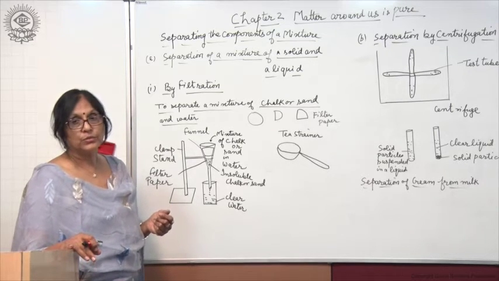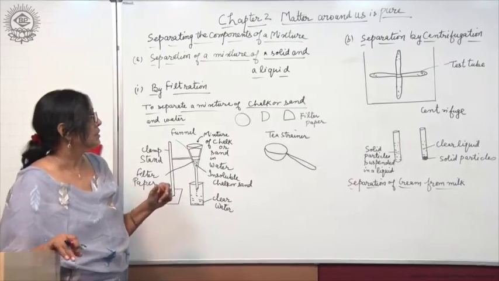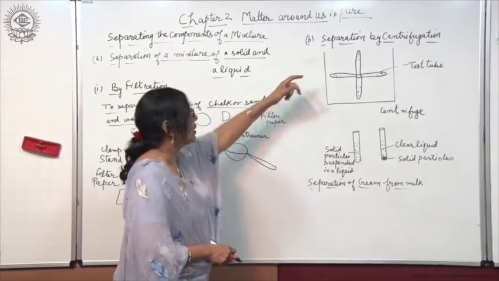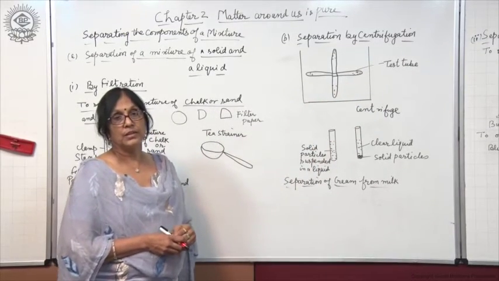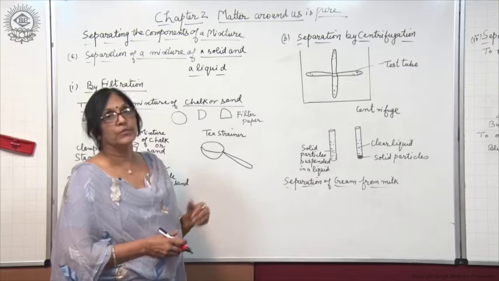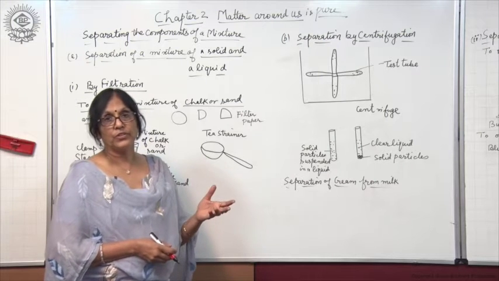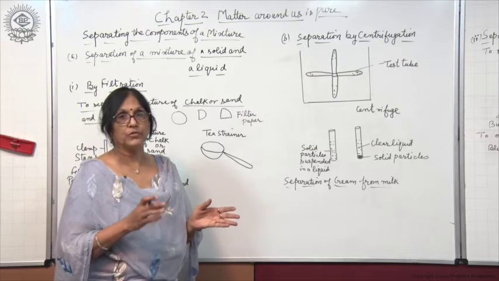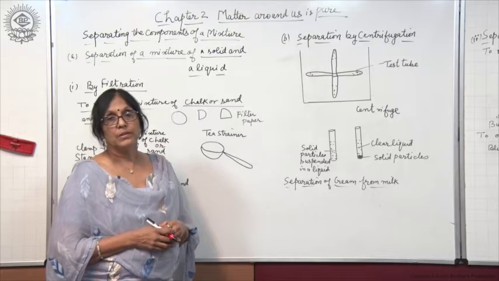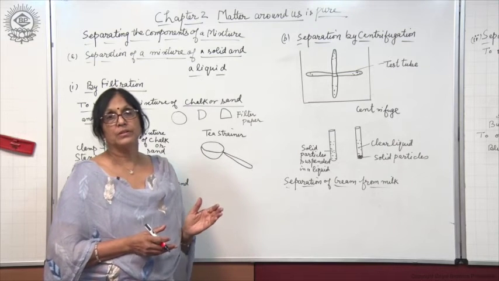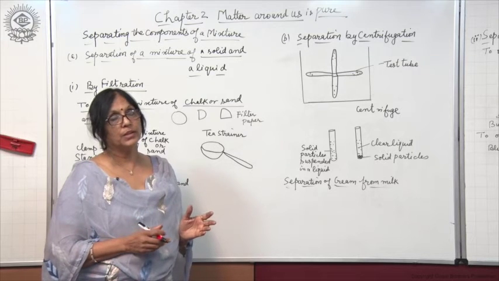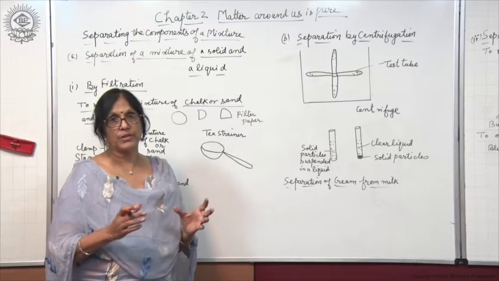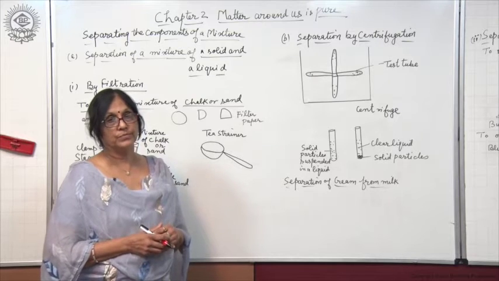Another method to separate solid from liquid is the method of centrifugation. Let us first of all study about centrifugation. Centrifugation is the process of separating a solid from a liquid by spinning the mixture at a very high speed in an apparatus called a centrifuge.